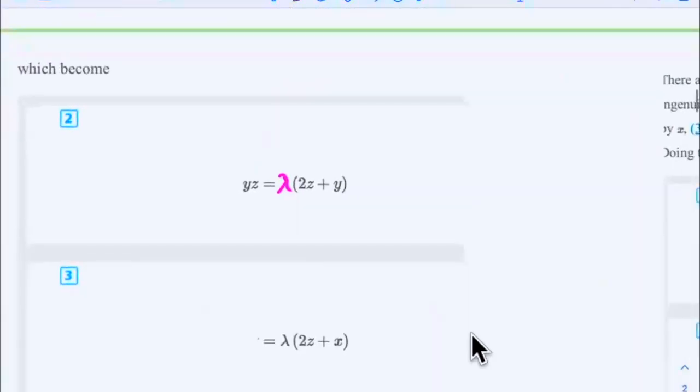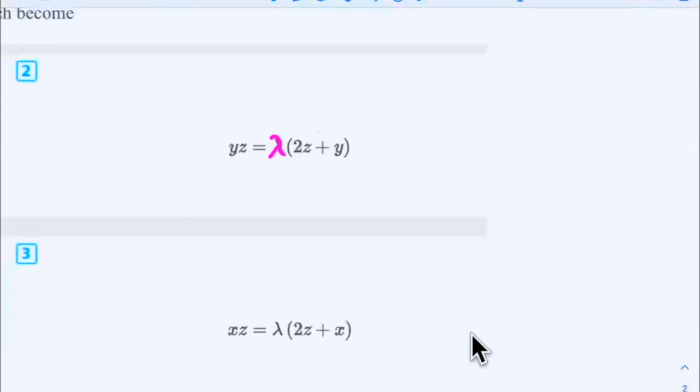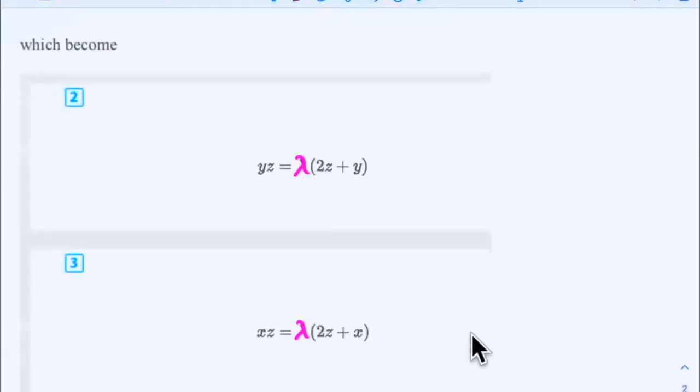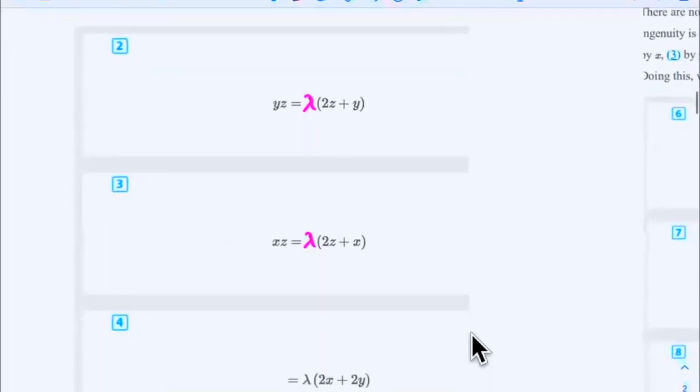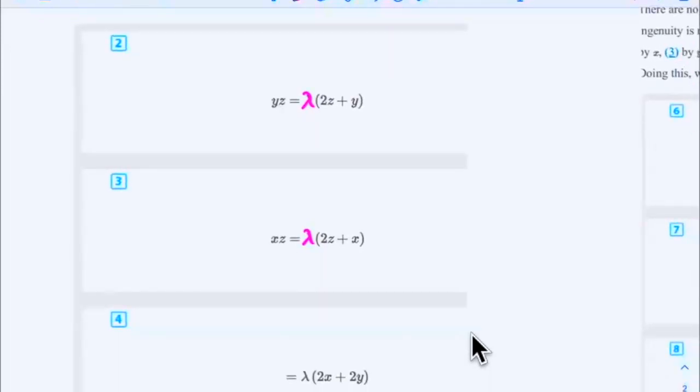Similarly, the partial derivative of xyz with respect to y is xz, so you have xz equal to lambda times (2z plus x). What's the last one? The partial derivative with respect to z.